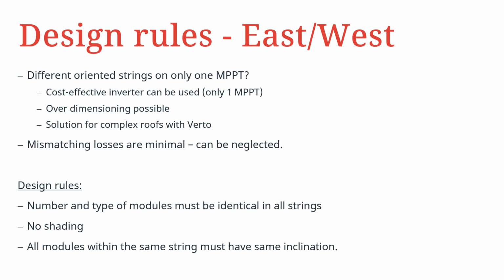Over dimensioning is possible, but a solution for such complex rules has been provided by Fronius with the introduction of the Varto. By the way, the Varto inverter will be introduced to the market in a couple of weeks' time. So, having said so, it is important to take note of these design rules.